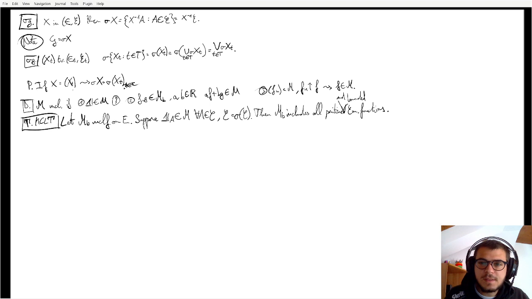Okay, so this is the statement. I don't know why I wrote it that way, it's just simply M. Okay, let M be a monotone class of functions on a set. If it contains the indicators of all events in a p-system that generates the sigma algebra, then it includes all the positive and bounded functions which are measurable with respect to that sigma algebra.